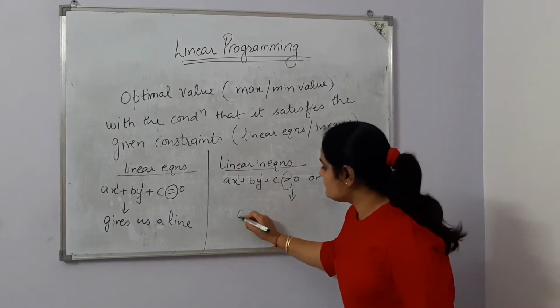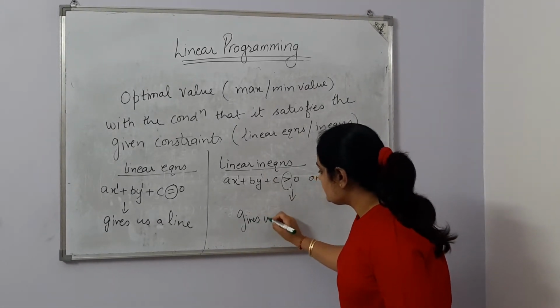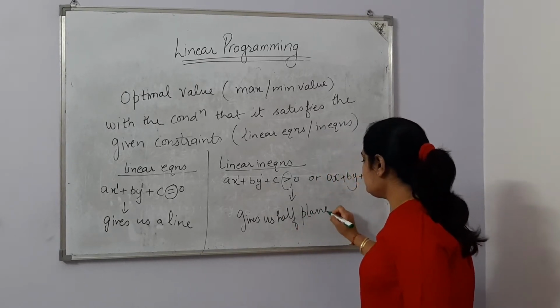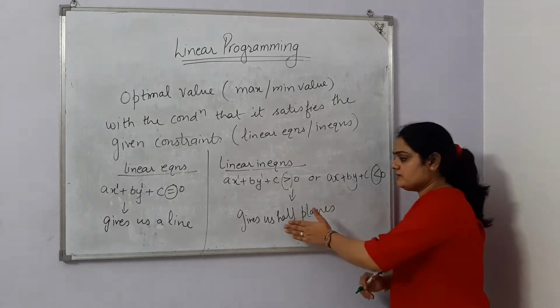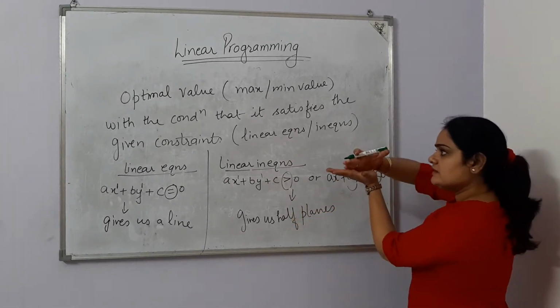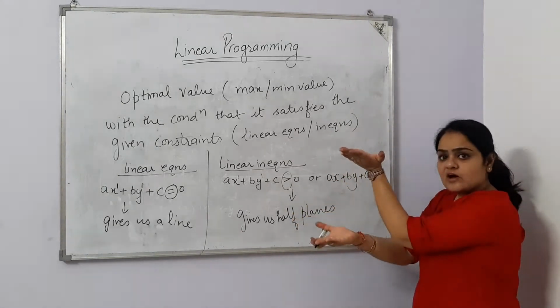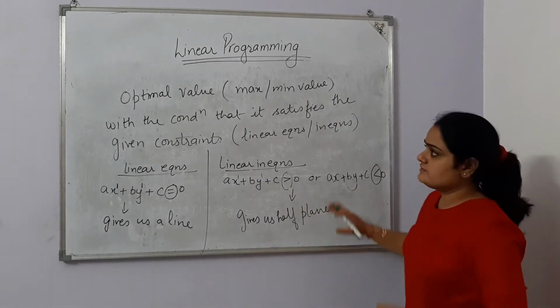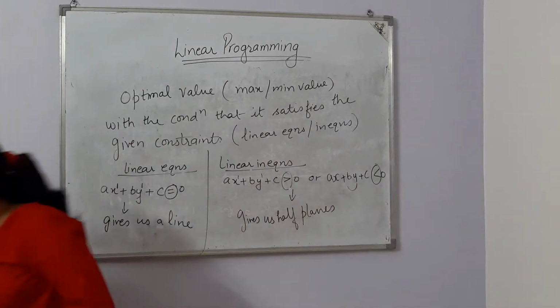And this gives us half planes. Why am I saying half planes? Because it can give either the upward plane of the line or the downward plane. So it always gives us half planes. Now what do you mean by half planes?